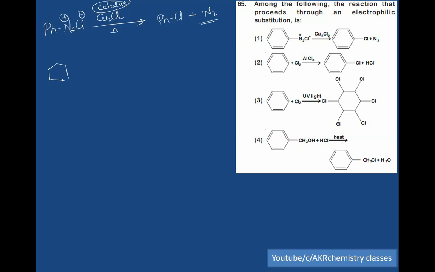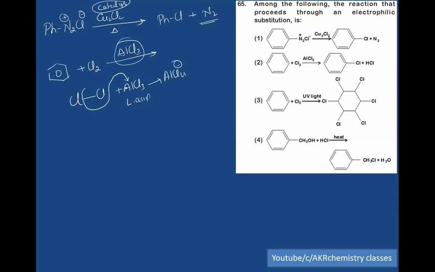In the second case, when benzene is treated with chlorine in presence of anhydrous aluminum chloride, which acts as a halogen carrier, AlCl3 acts as a Lewis acid which accepts a pair of electrons to form AlCl4 minus. Therefore, it is called a halogen carrier, plus chloronium ion. It generates the electrophile, so we get chlorobenzene. So this reaction is called electrophilic substitution reaction.